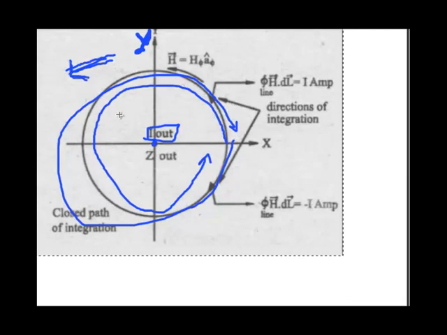So if we integrate in the direction of flux line, that is phi, then the current that we obtain from the formula will be positive. And if we integrate in the direction opposite to the flux, then we will get a current value which is negative. Both the formulas are shown here.